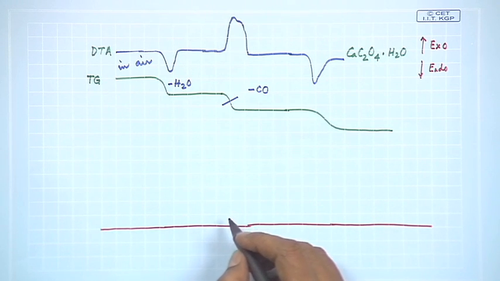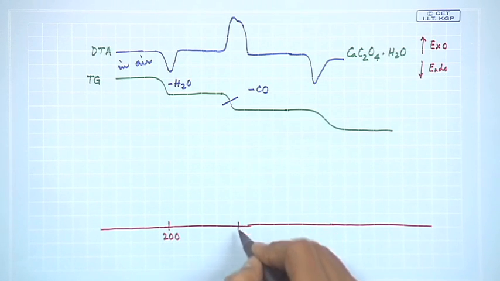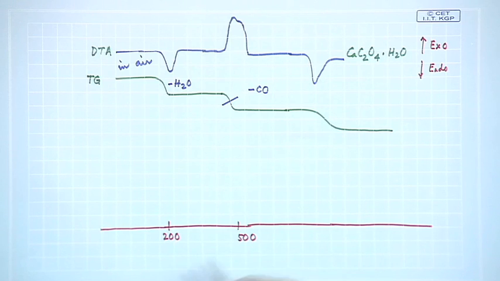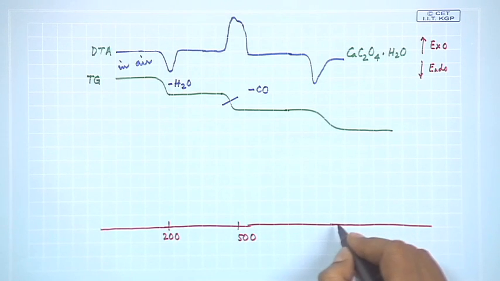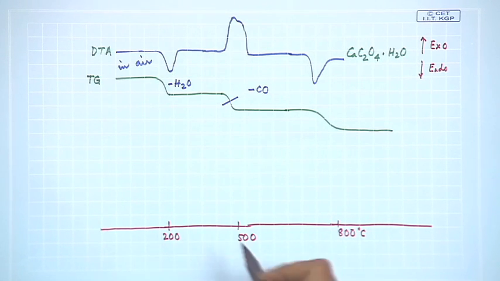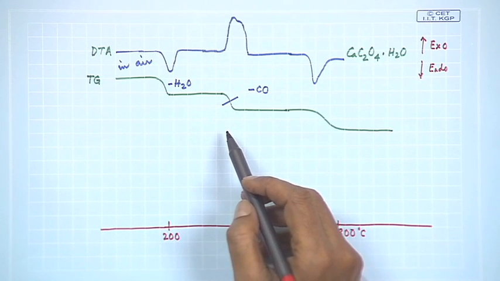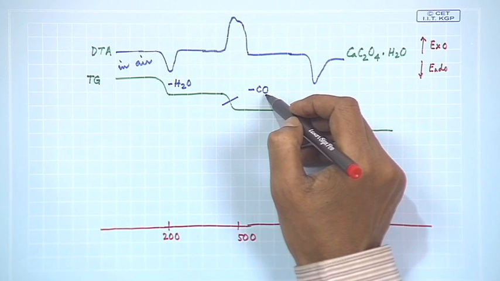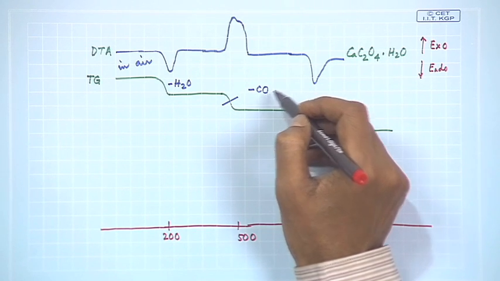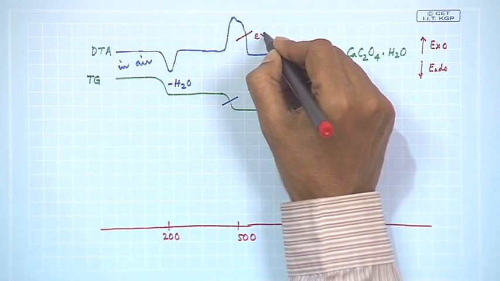The first point is close to 200 degrees centigrade, the second one is close to 500 degrees centigrade, and the third one is around 800 degrees centigrade. So when we heat, at this temperature close to 500 degrees centigrade, we have the corresponding CO elimination, forming calcium carbonate plus carbon monoxide, and therefore the exothermic burning of CO.